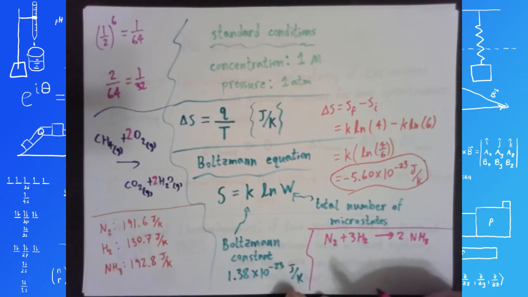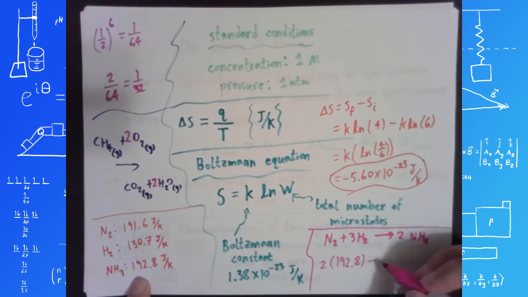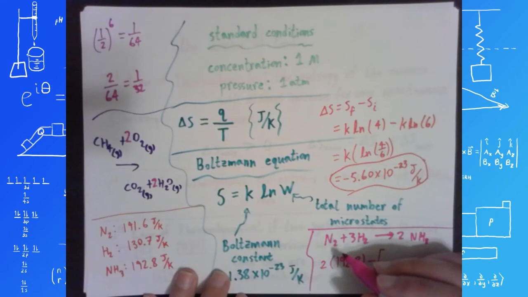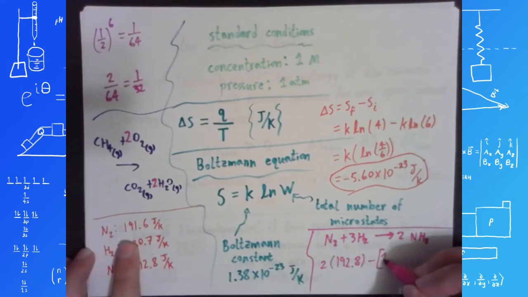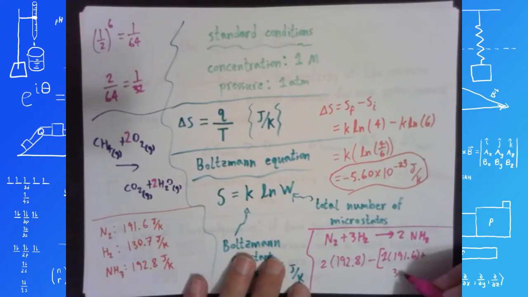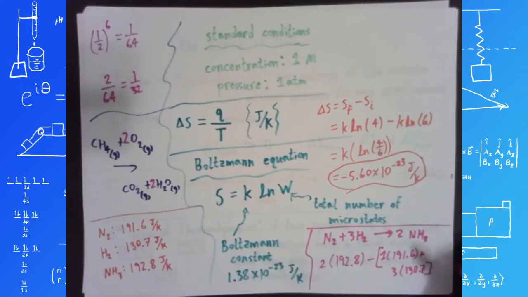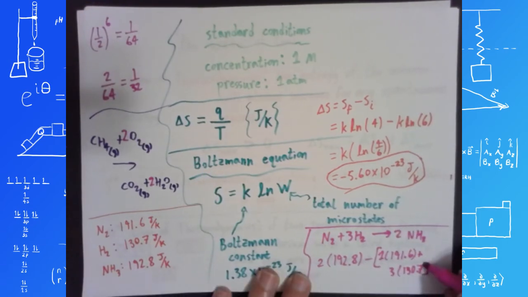So it's going to be 2 times 192.8 minus 1 times 191.6 plus 3 times 130.7, close brackets. Don't forget to distribute that minus sign. Oh, and I forgot to close my parentheses there.